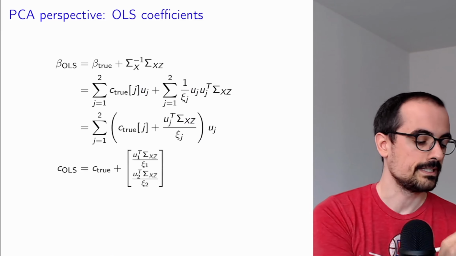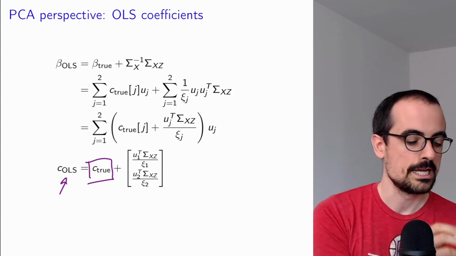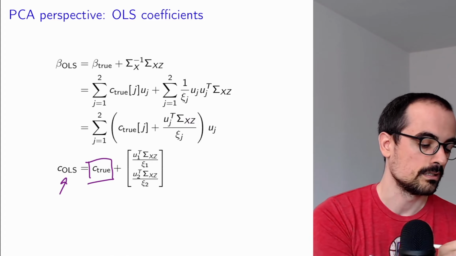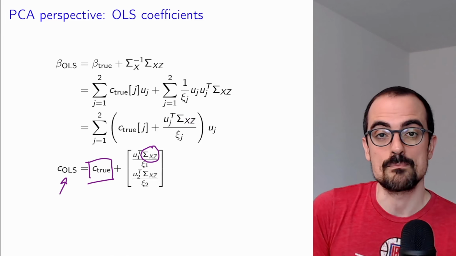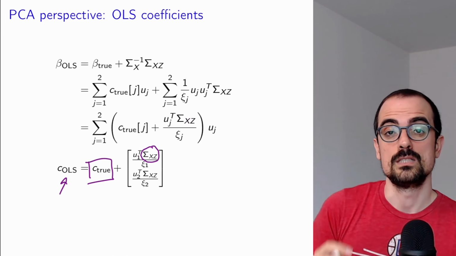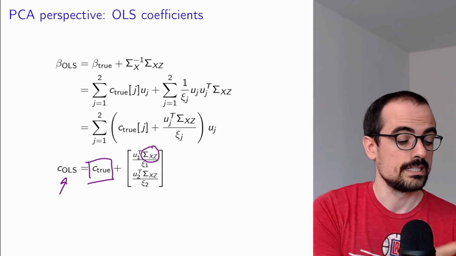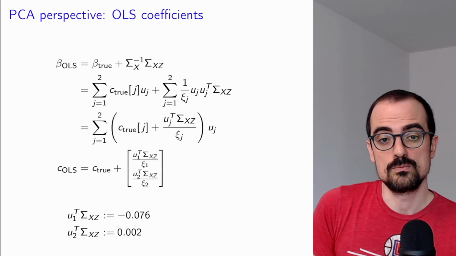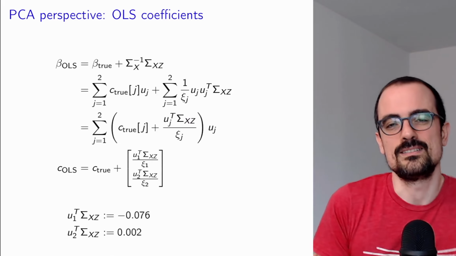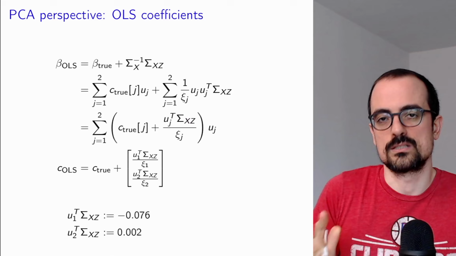What we observe is that the OLS coefficients are equal to the true coefficients, good news, plus this term that, as I mentioned, is going to depend on the sample cross covariance between the features and the noise. The good news is that that sample cross covariance is very small, because I generated this data from a model where the noise is independent from the features, as it should be.